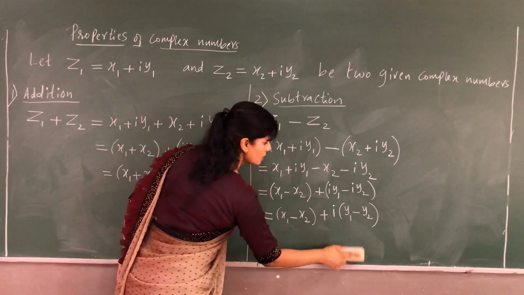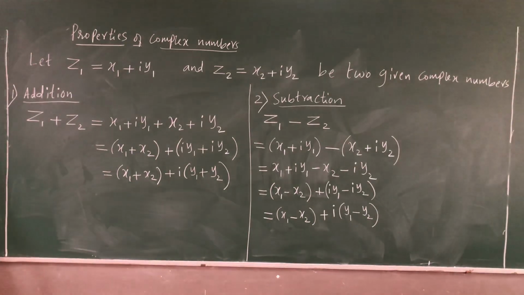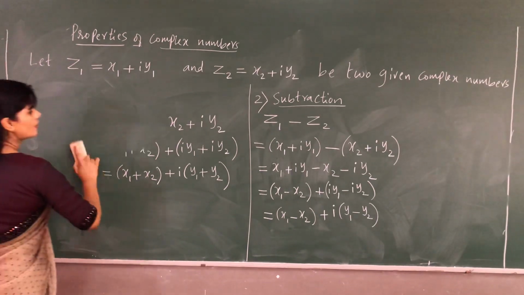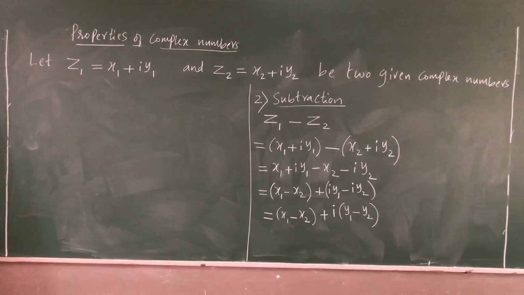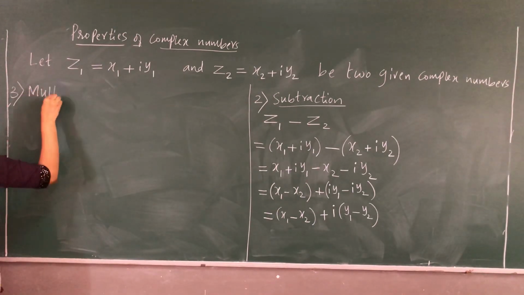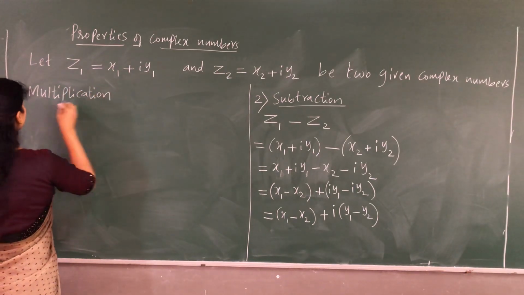Okay. So now the third property is how to multiply any two complex numbers. Third property, multiplication of complex numbers.